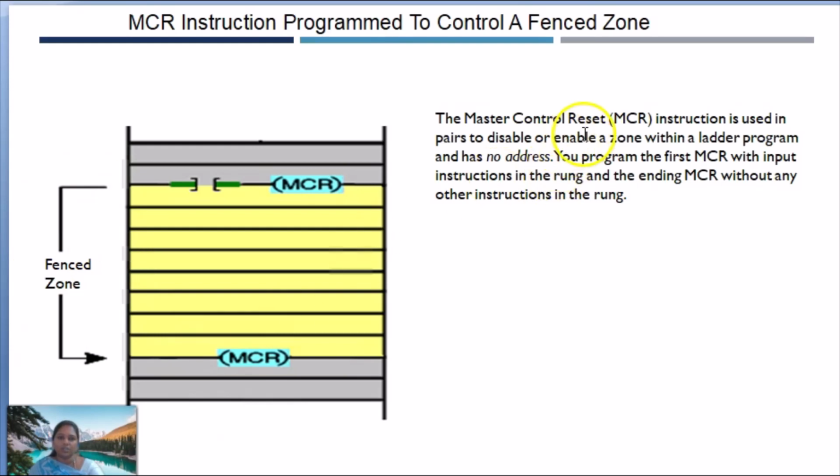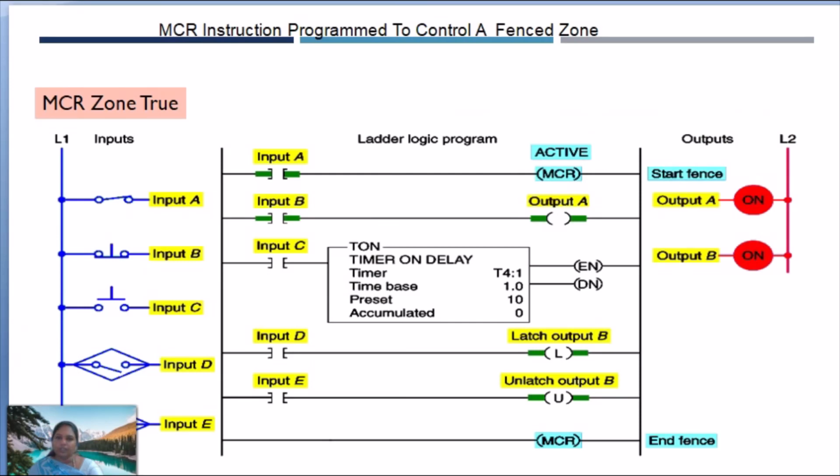The master control reset instruction is used in pairs to disable or enable a zone within a ladder program and has no address. You can program the first MCR with input instructions in the run and the ending MCR without any instructions in the run. So this is the MCR zone true. This is the active MCR start fence. Whenever the input is energized here, immediately your MCR will be activated.